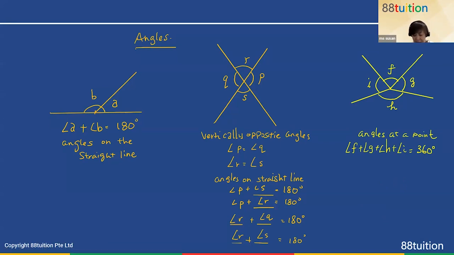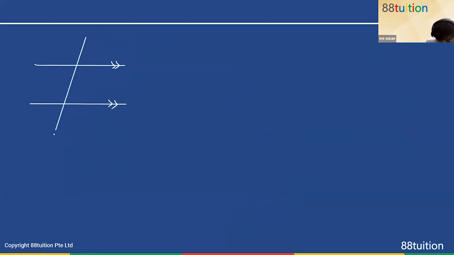Okay. And I also want to introduce some other angle names. For example, I draw two lines. Now, if I were to draw these two lines, they look very parallel. So they are parallel lines, right? With these parallel lines, look at here. I'm going to draw another line that cuts across here to here.